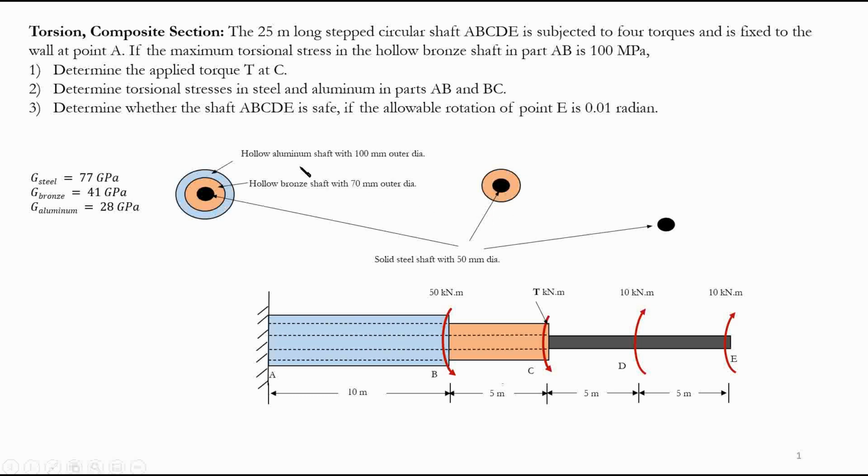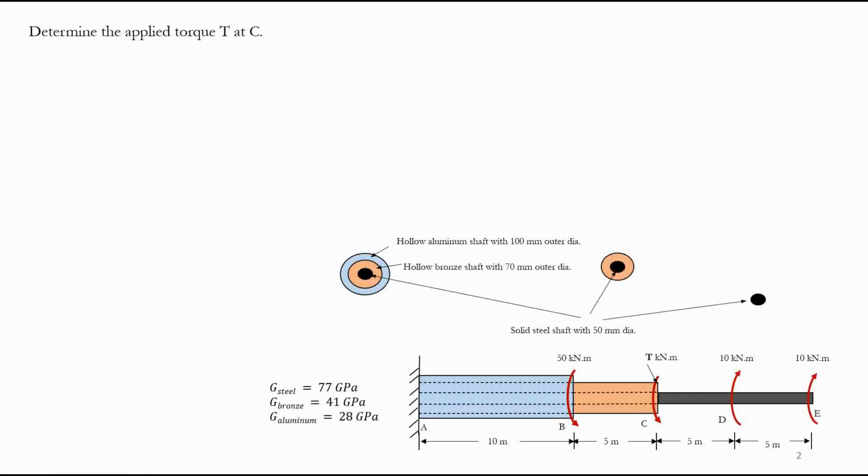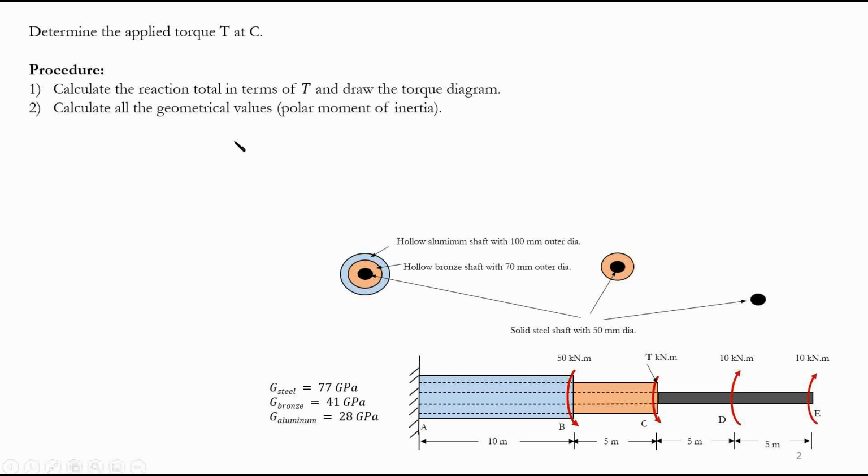Let's start with our procedure. What is going to be our procedure? The first step is to calculate the reaction torque in terms of T and draw the torque diagram. The next step is to calculate all the geometrical properties, such as the polar moment of inertia.